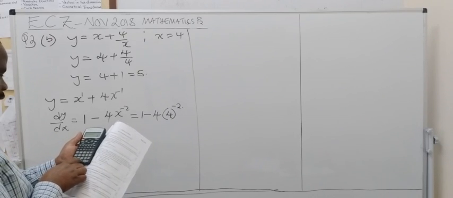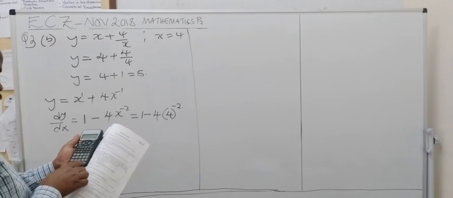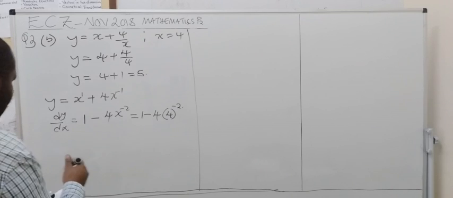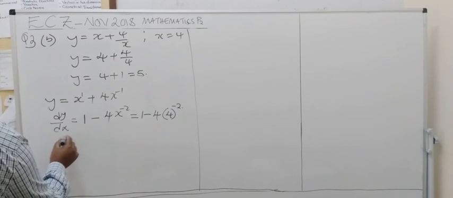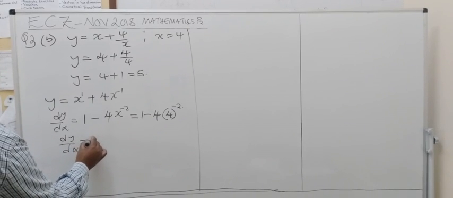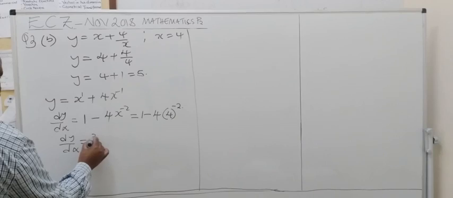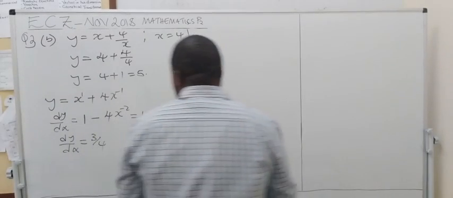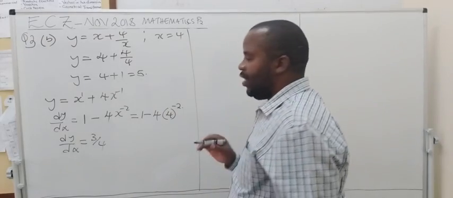What do we get? We get dy/dx to be 3 over 4.